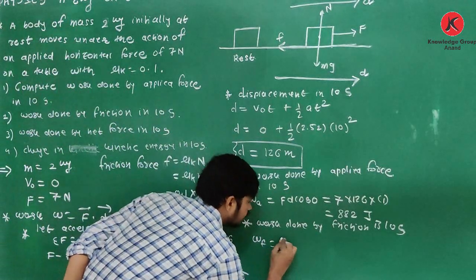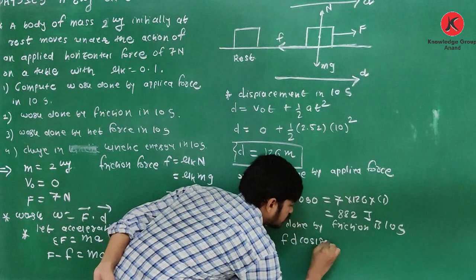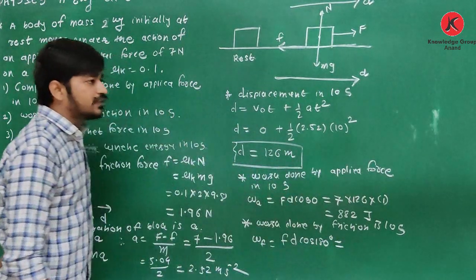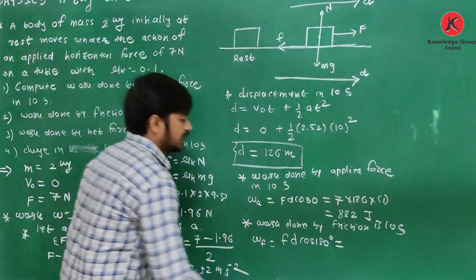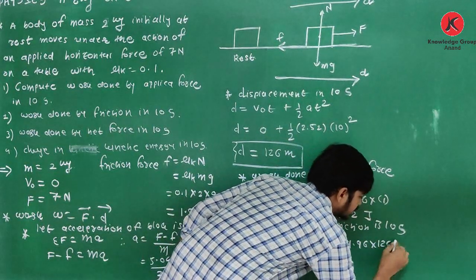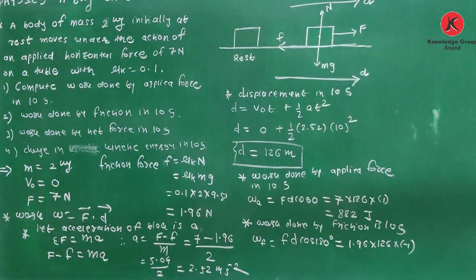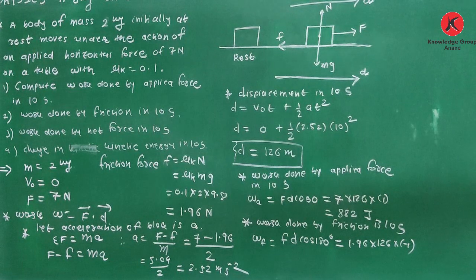It is 180. So here it is f d cos 180. What is the value of f, that is, the friction force? Here it is 1.96. What is the displacement? 126. And cos 180 is minus 1. Clear about this? Yes, cos 180 is minus 1.